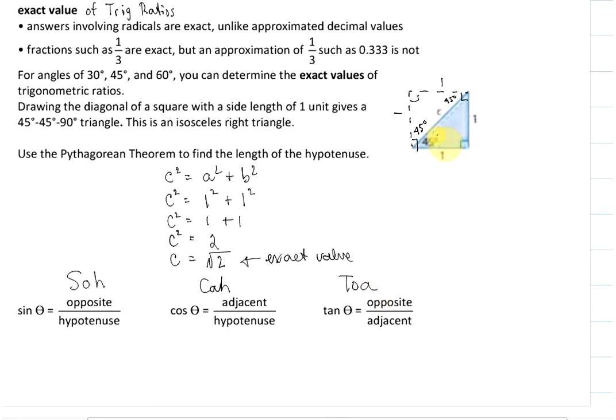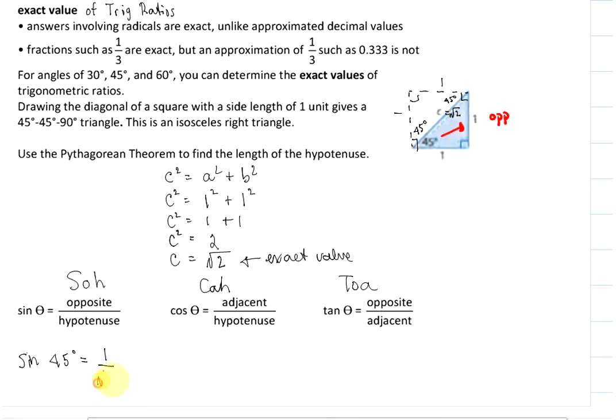Now we're looking at 45 degrees. And so we want the sine of 45 degrees. That's equal to the opposite. Well, the opposite side to 45 degrees is 1. And so we go 1, and then our hypotenuse we know is root 2.